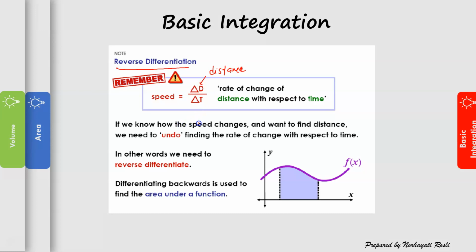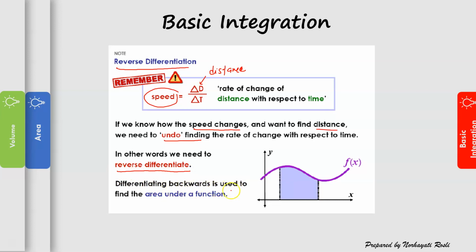So if we know, for example, the speed changes and now we want to find distance, how can we do that? It means that we need to undo finding the rate of change with respect to time. Undo finding here means that we need to reverse differentiate the function.